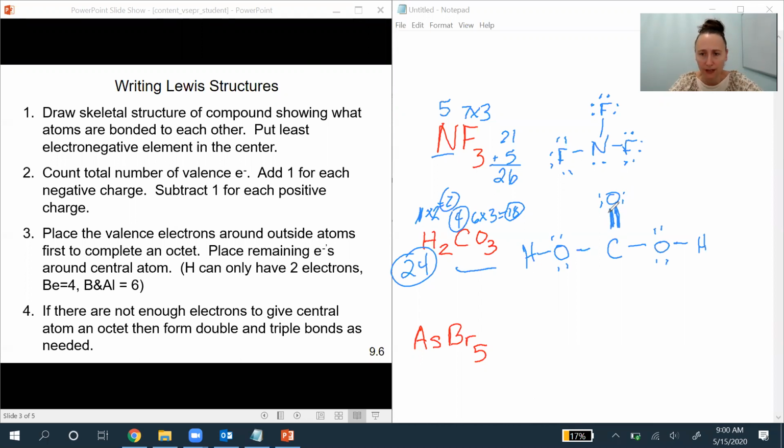All right, for the next example, we have astatine pentabromide. The astatine is the least electronegative. We're going to put that in here and attach all of our bromines.